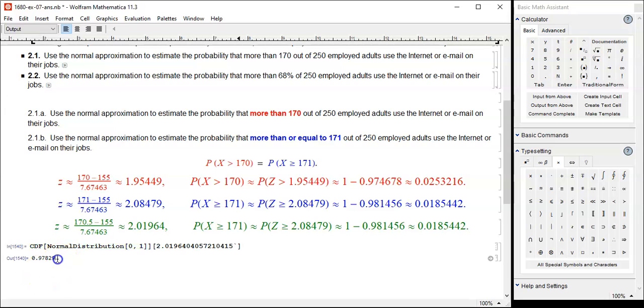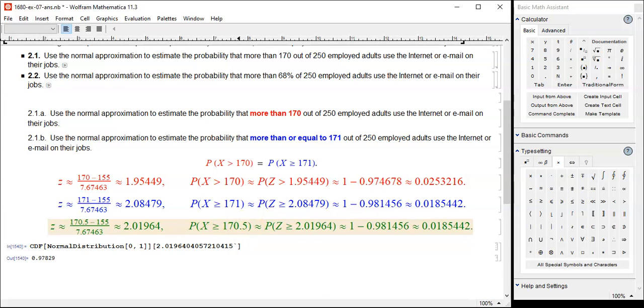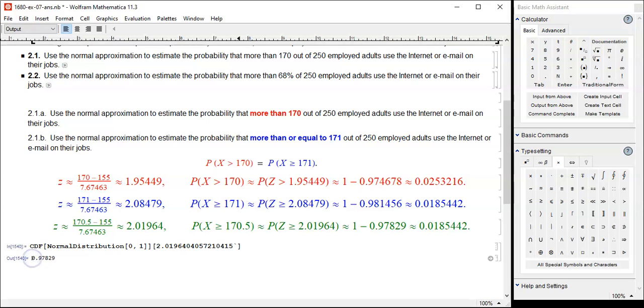And then, why did I erase that command? Oh, I need one more here. Okay, and then that is 0.97 something. And then 1 minus of that. There you go.